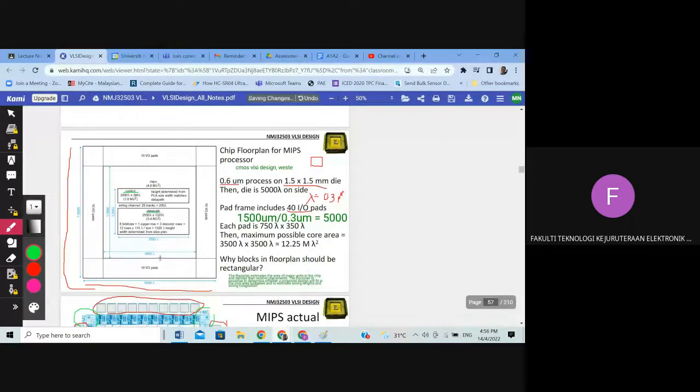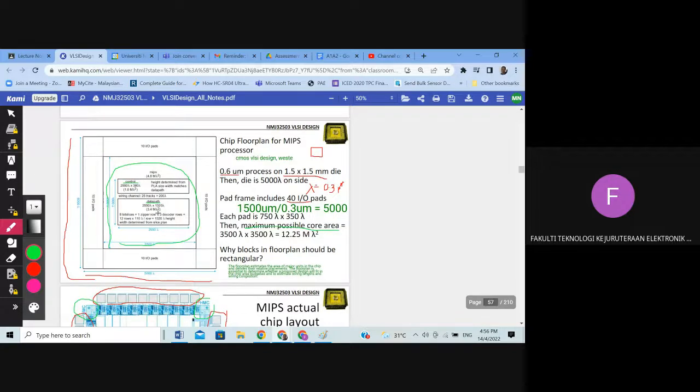Then they calculate the size. This is the maximum possible core area after considering all the I/O ports, which is 3,500 by 3,500, and inside this core area they put the design, the control and also the data path.